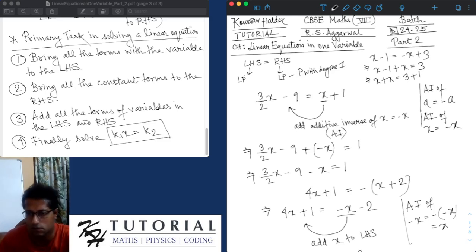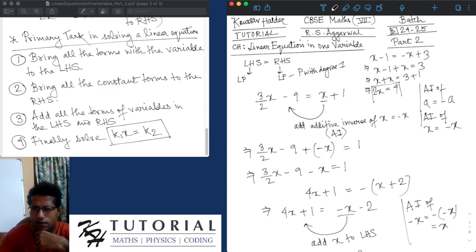So you add up all the variable terms in the LHS, which becomes 2x in this example, and you add up all the constant terms in the RHS, which becomes 4.